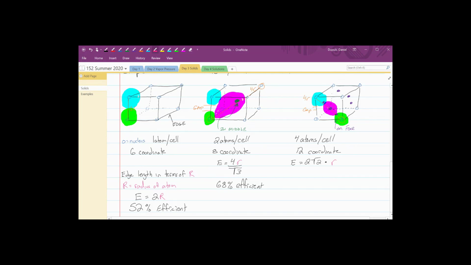Sometimes your book has the R right there. I don't like it because it's hard to tell. You can see it as 2R square root of 2, as well. You can see it that way too, and it's 74% efficient.